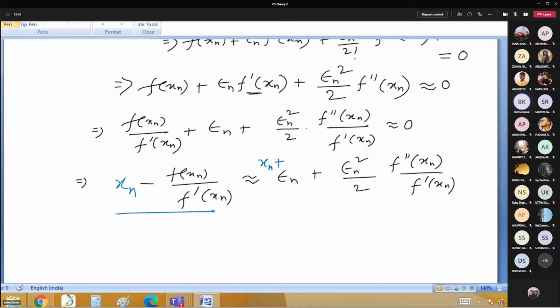So what will this value be then? This value will be xn plus 1. This is the iteration scheme. At the right hand side is the nth iteration value, and in the left hand side you will get the n plus 1th value. So this value is xn plus 1.